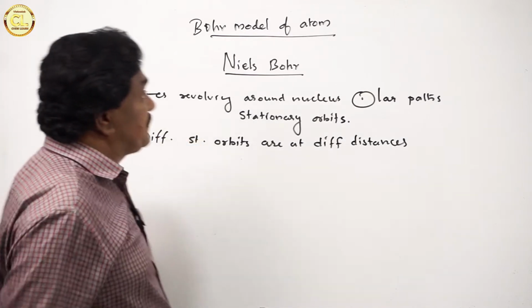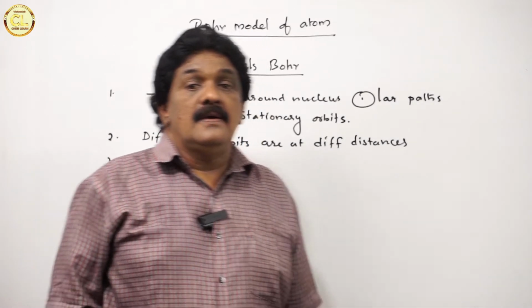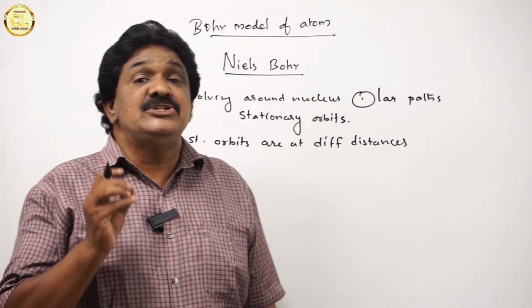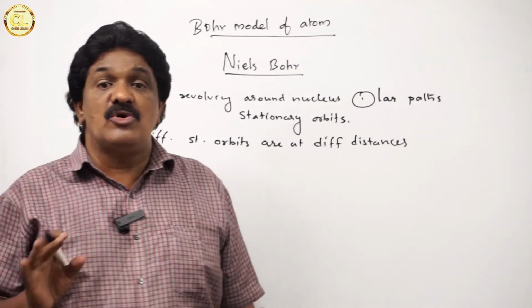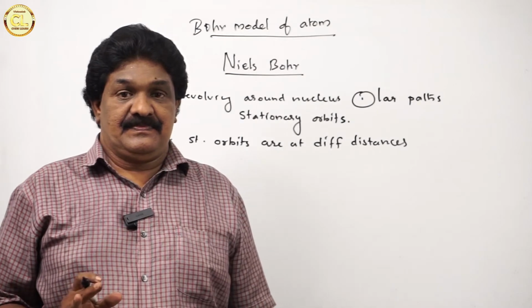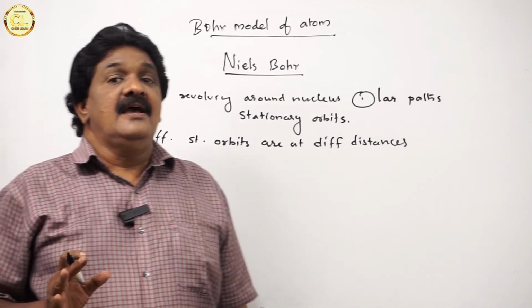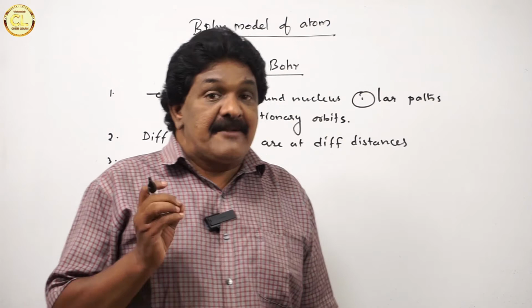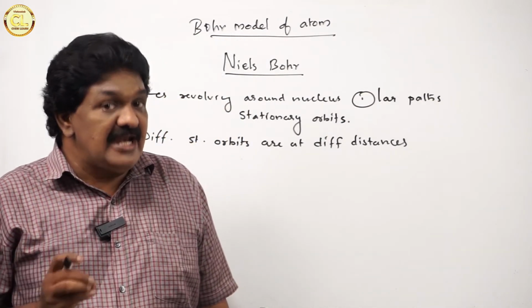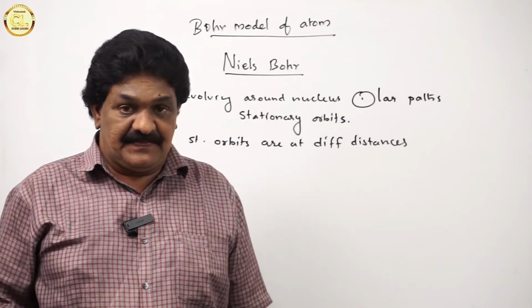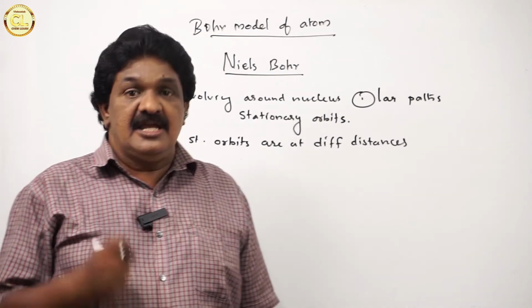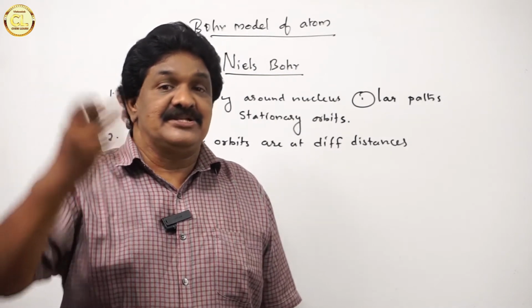Third point. The energy of an electron in an orbit does not change with time. That is, an electron remains in the same stationary level until it gains or loses energy. If it gains energy, it jumps up to a higher energy level.